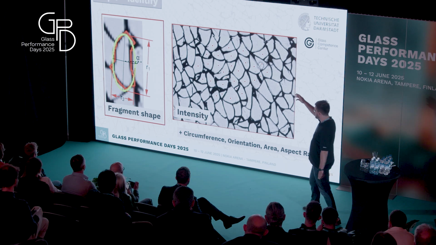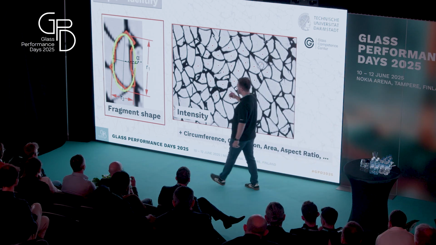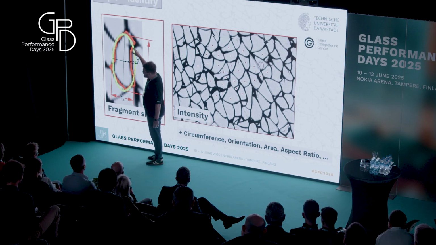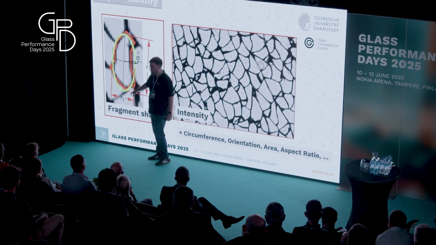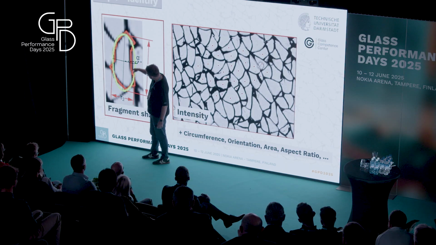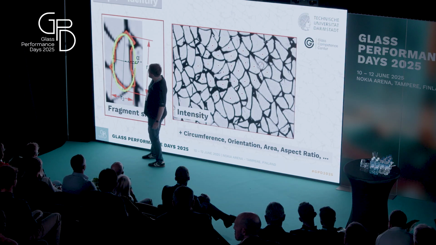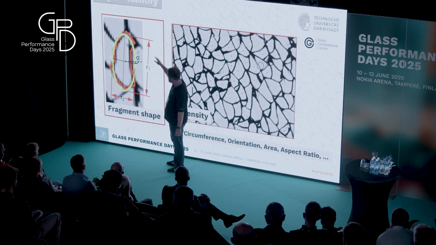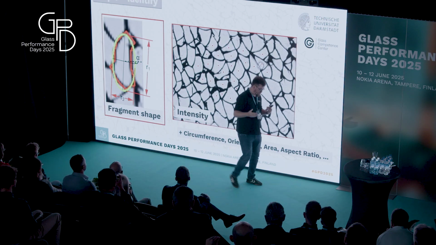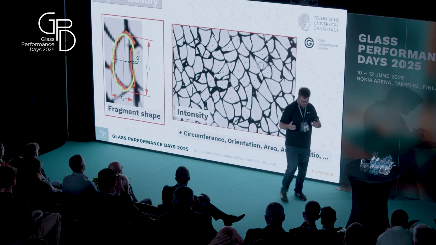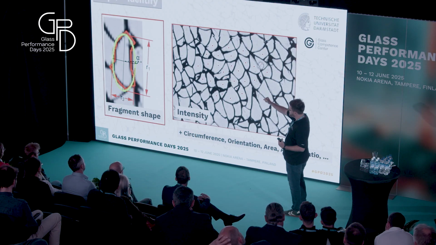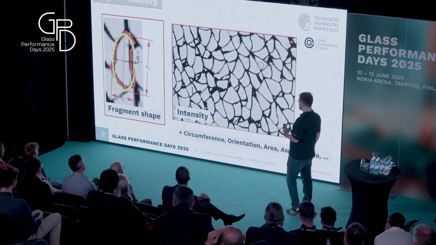As I said, to describe the first order stochastical measurements of these fragments, we are fitting an ellipse onto the fragment itself. You can see that denoted here with the green ellipse, and in the background you see in red the fragment itself. By just measuring the pixels and applying a factor of the dimensions of the actual experimented glass plate and the image, we can then deduct the R1 and R2 axis lengths.